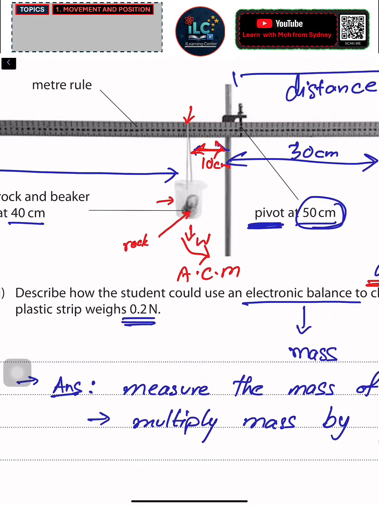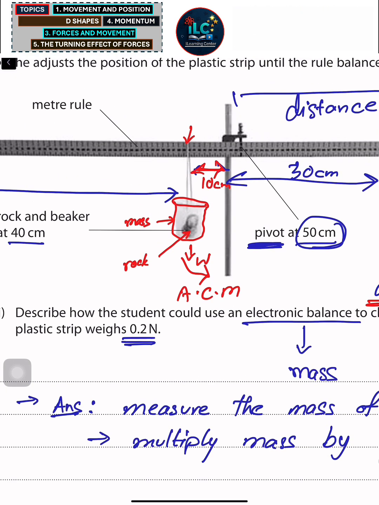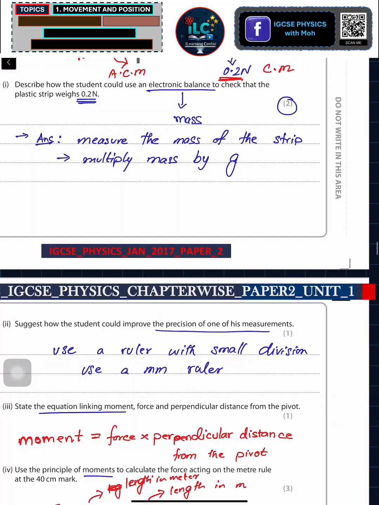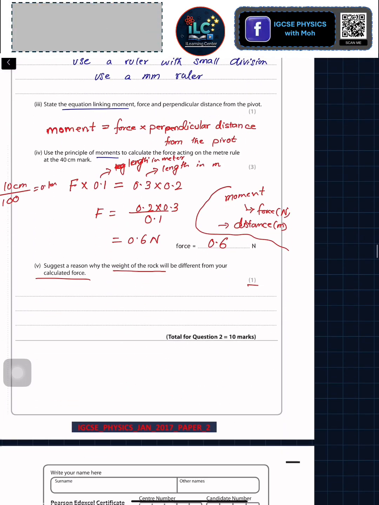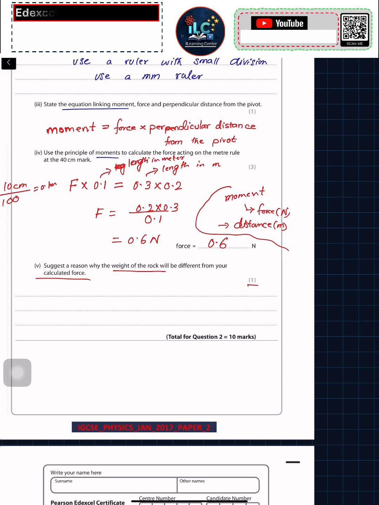But this bucket definitely has a mass, right? And we haven't taken the mass of those buckets, so they will be different. Or you have paper clips, you have all sort of things. So I can say the answer for this will be that the weight of the beaker should be subtracted.